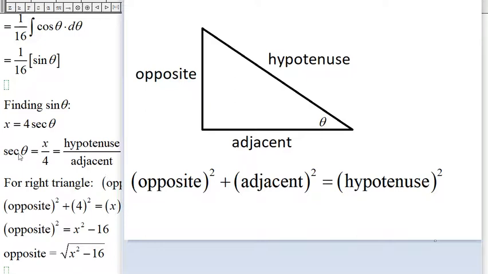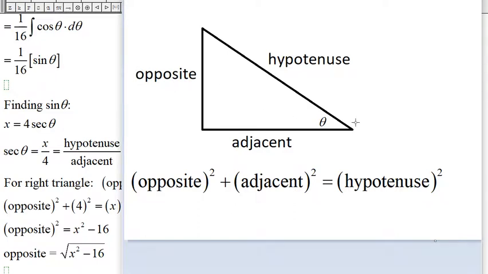By definition of secant, secant is hypotenuse over adjacent. So this is theta, the hypotenuse, this is the adjacent, and this is the opposite. In this case, the hypotenuse is x, the adjacent is 4. And so we need to find the opposite side.